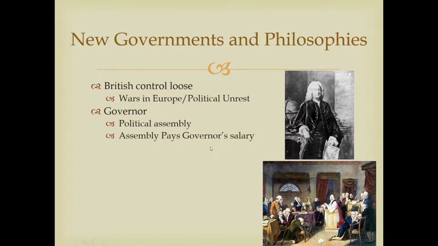And then the main power is just like Parliament controlling the purse in England. The Assembly actually pays the governor's salary, so governors need to make sure that they stay on the good side of the Assembly so that they can get paid, but they also have to stay on the good side of the British government in order to keep their position.